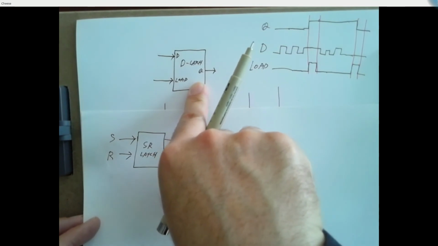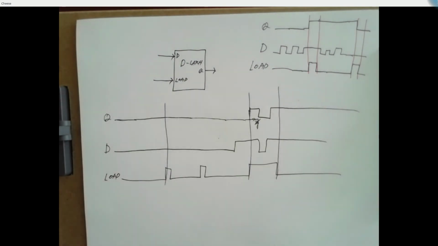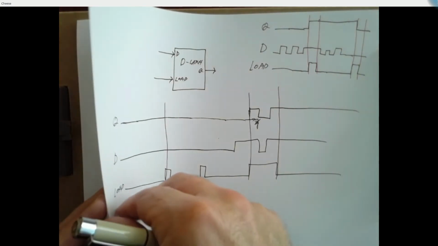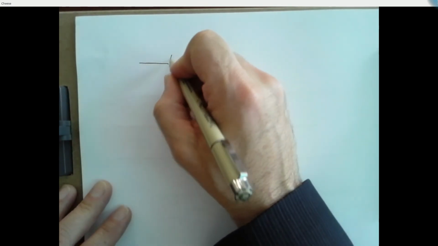Okay, we're done with that for now. What we're going to do is use an SR latch. And it's pretty straightforward. If you have an SR to build a D, here's what we can do.